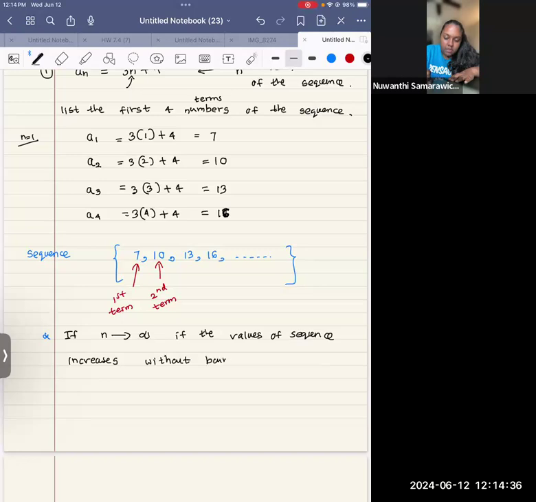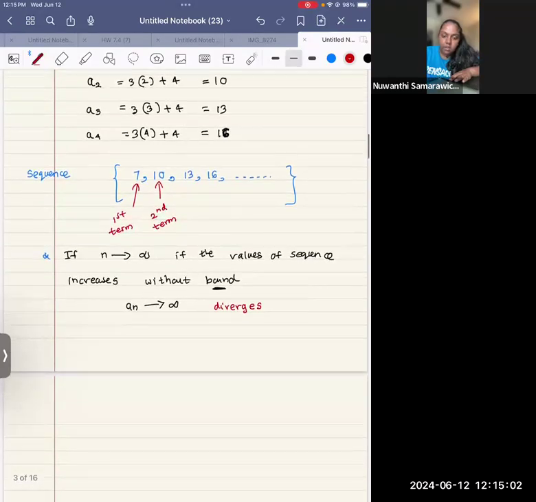I will explain the mathematical term of bound later in this chapter. Increases without bound. That means if a sub n goes to infinity without any bound, it just goes to infinity without any number. So we call this diverges.